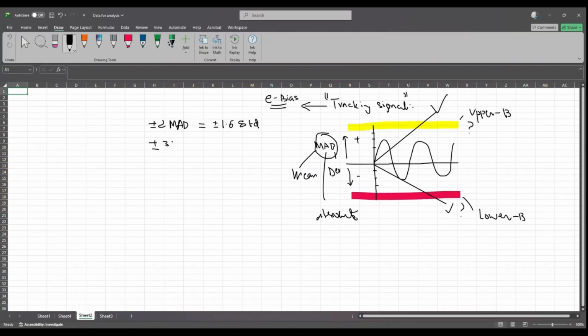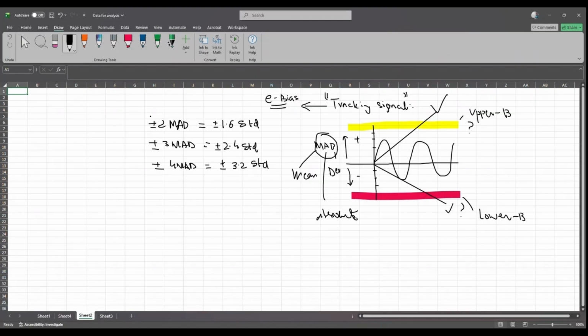Plus minus 3 MAD, or mean absolute deviation, is approximately equal to plus minus 2.4 standard deviations. And plus minus 4 MAD is approximately equal to about plus minus 3.2 standard deviations. So why are we discussing those?